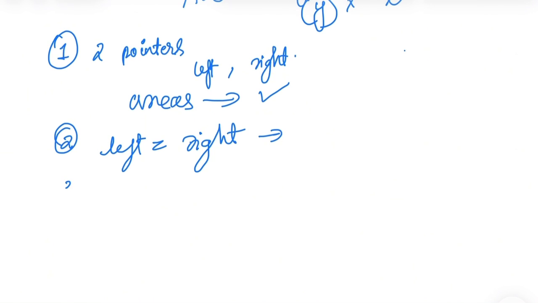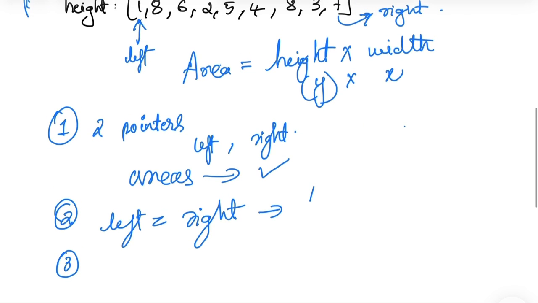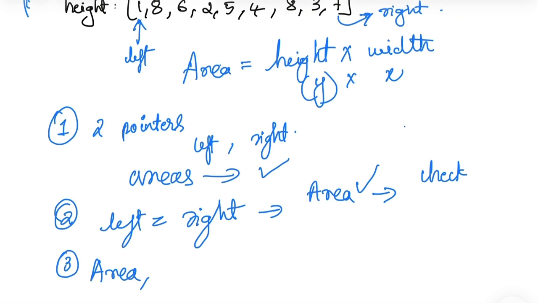How do we keep moving? First we find the area, which I'll explain how to find later. Once it's done, we check which is the shorter line.